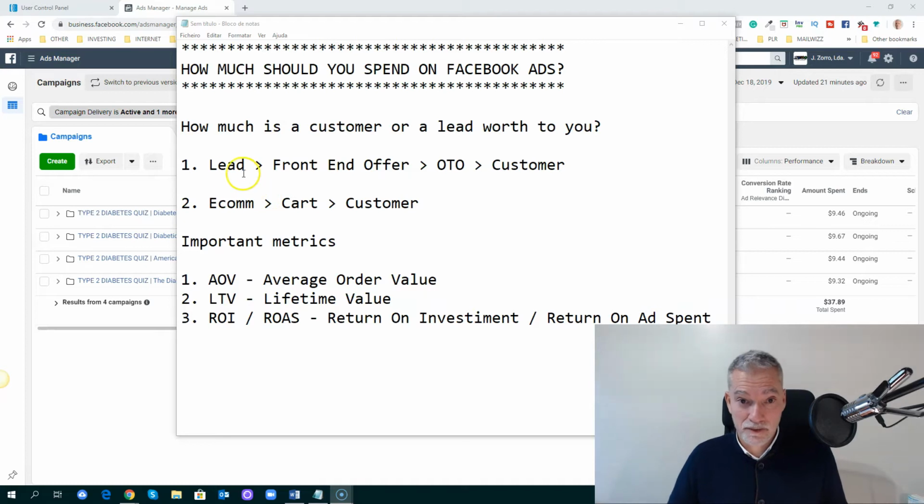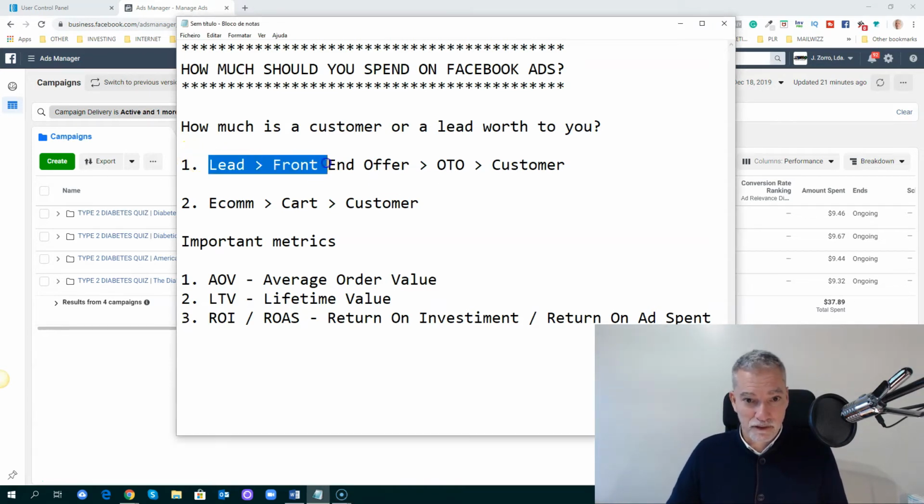So depending on the type of funnel that you have, it will be easier or more difficult to determine that value, because if you are selling just one product, it will be easy, right? Because you have one product, you know what your average order will be. But if you have an e-com store with different products, with different prices, it will be harder to determine that. But anyhow, you need to try to estimate that value, okay?